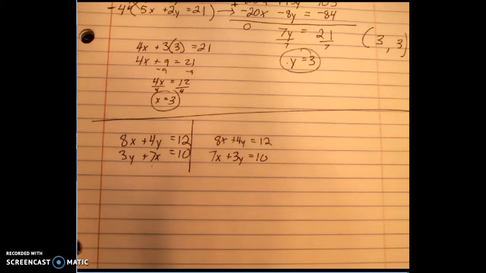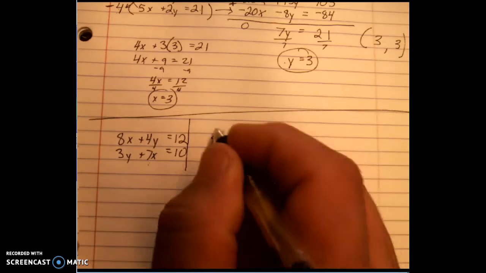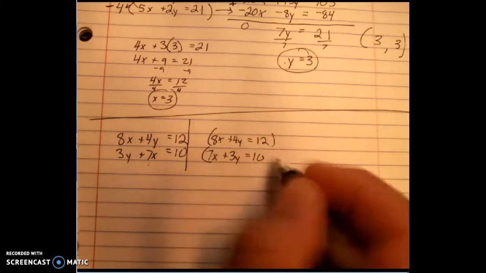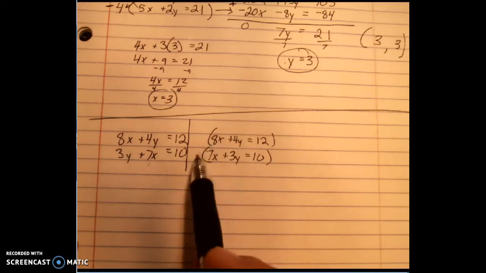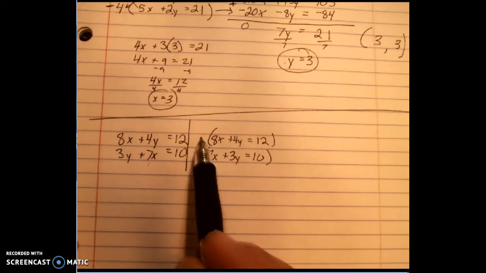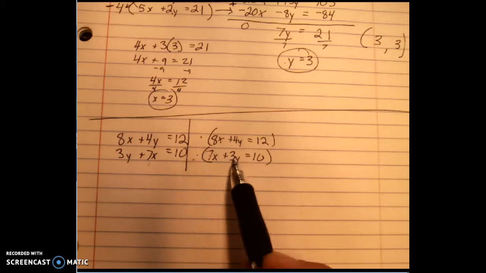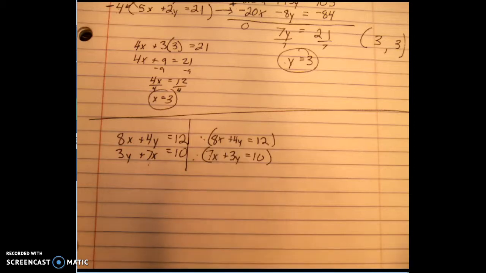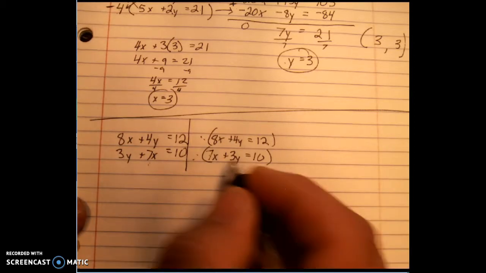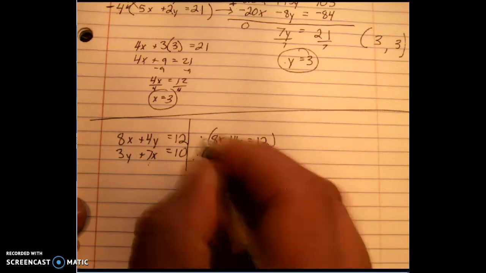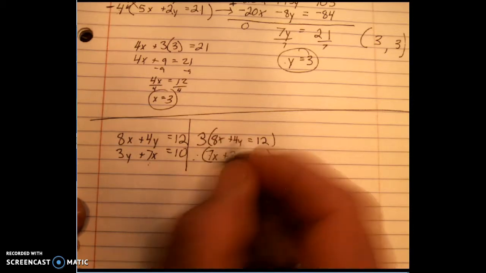Hopefully you've come up with your answer. I'm going to multiply both equations. I can either use the 8 down here and the 7 up here, or I can use the 4 down here and the 3 up here. 3 and 4 are smaller numbers. I'm going to use those. Bringing the 3 up, bringing the 4 down, and I'm going to make it negative.